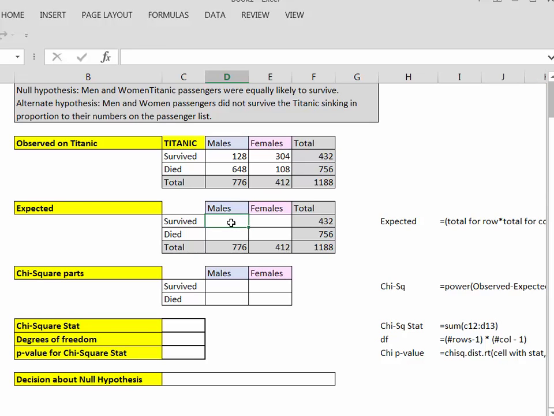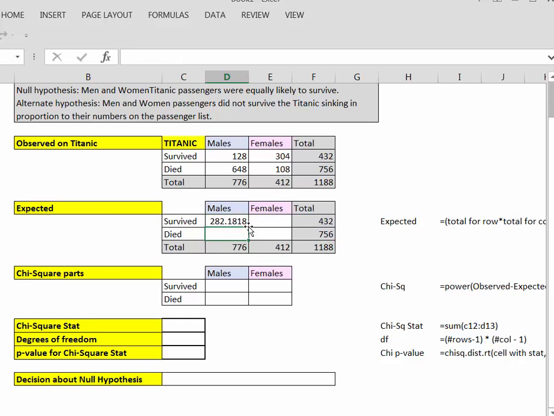So the expected value is a little bit harder to calculate. If you remember, with the goodness of fit, we were just looking at a 50-50 split. The equation from the textbook tells us that we take the row total, whoops, I'm going to need parentheses. We take the row total, we multiply it by the column total, and then we divide that multiplied amount by the grand total.